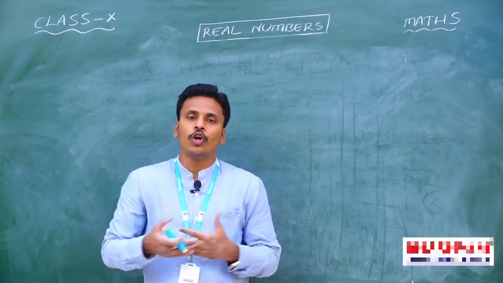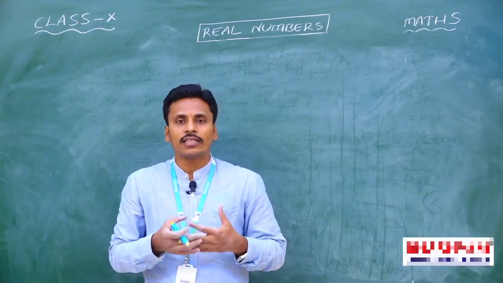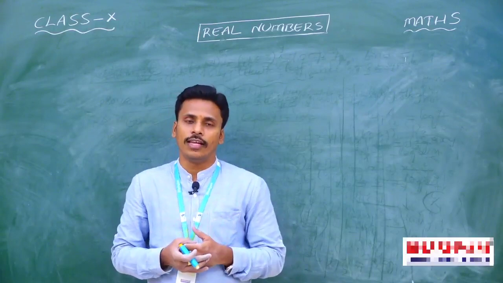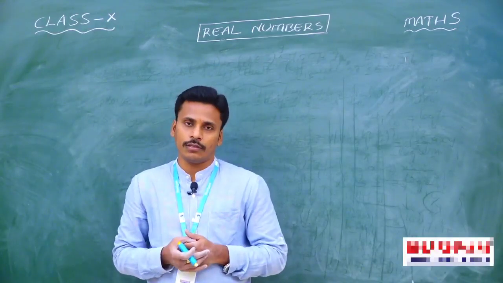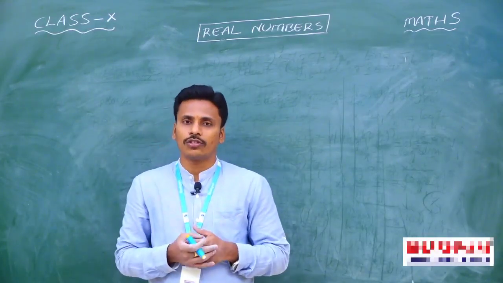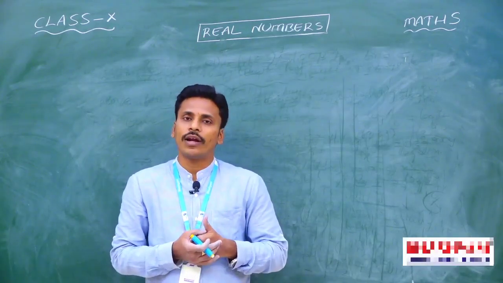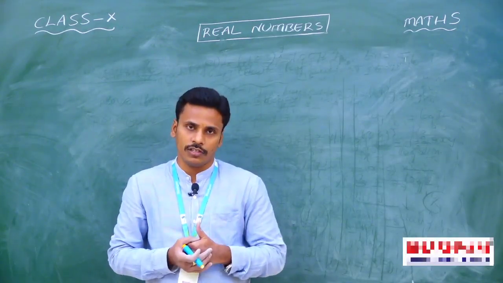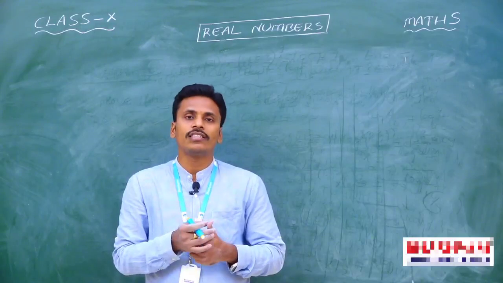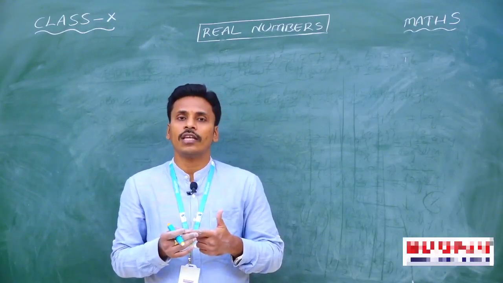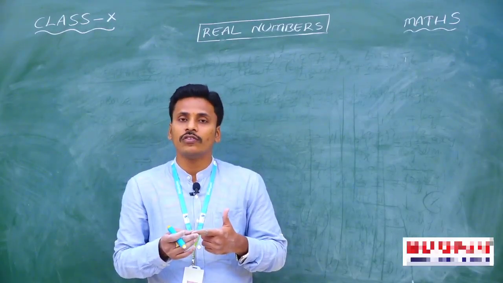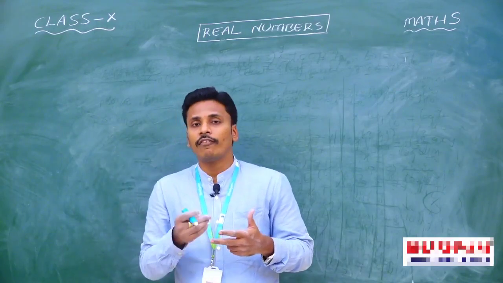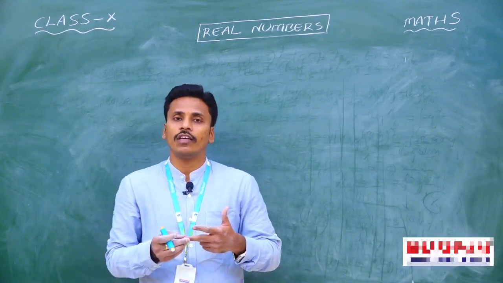In these classes, we discussed complete concepts related to the real numbers prescribed in your syllabus. We started our discussion with different types of number systems, and then Euclid's division lemma and Euclid's division algorithm. Using Euclid's division algorithm, we learnt the way of finding HCF of the given numbers.